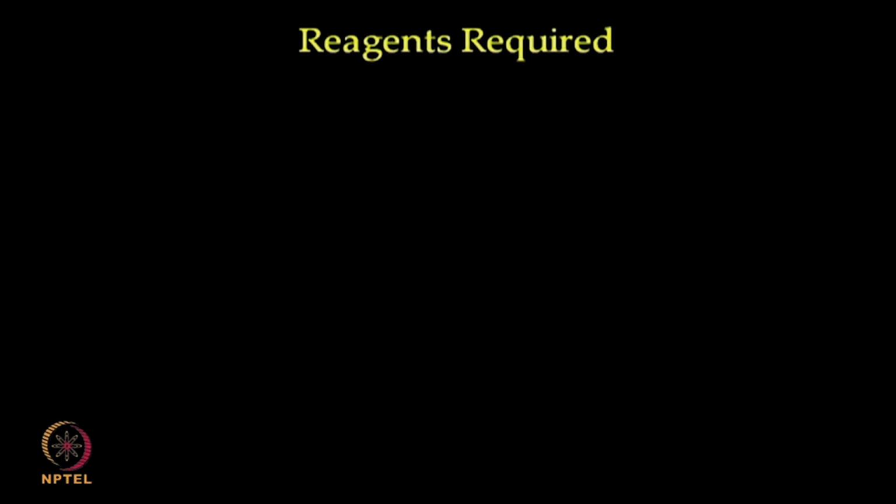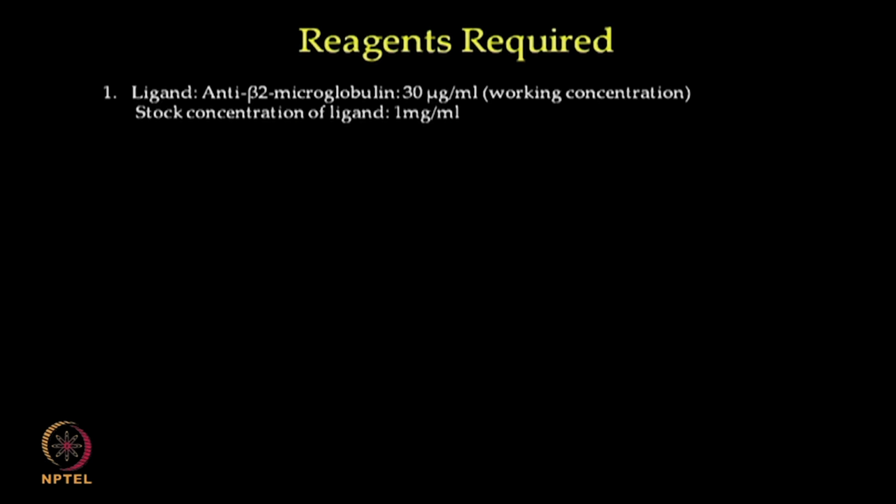As per the volumes listed in the table, we will prepare the reagents for immobilization in a similar manner as demonstrated earlier in lecture 33. We prepared a working concentration of 30 microgram per ml of beta 2 microglobulin antibody from a stock concentration of 1 mg per ml, using an immobilization buffer of 10 millimolar sodium acetate pH 5.